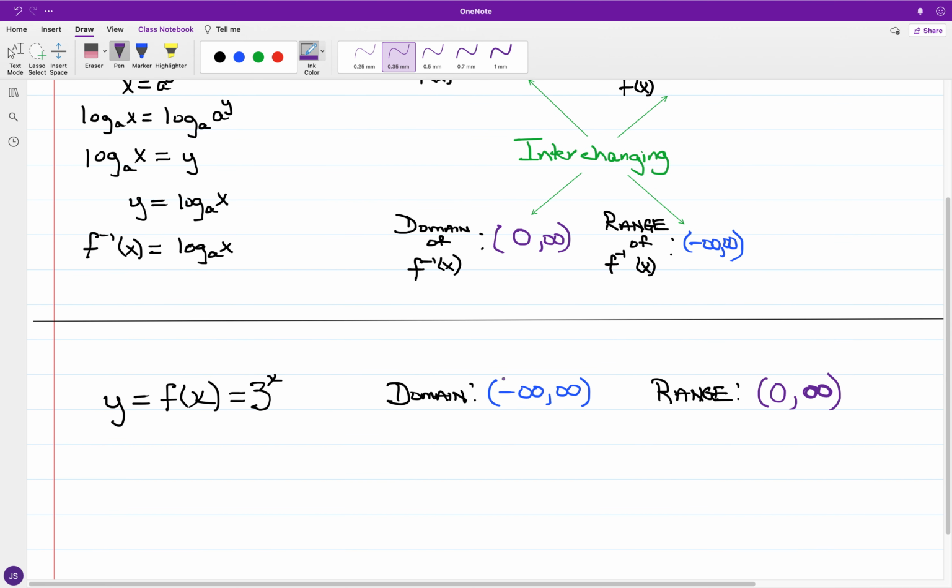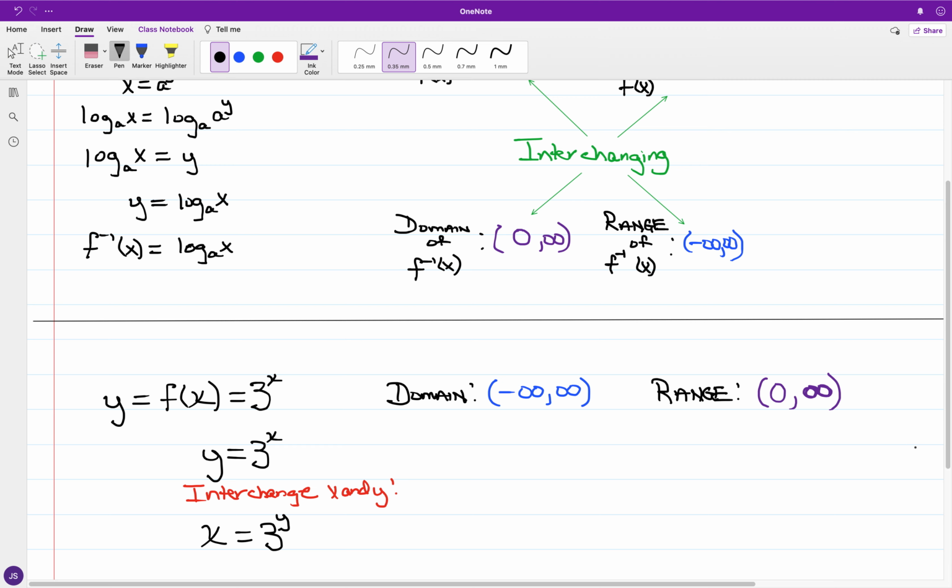And if we look for the inverse, again, we start out with y is equal to 3 to the x. Interchanging x and y, we have in the setup x is equal to 3 to the y.